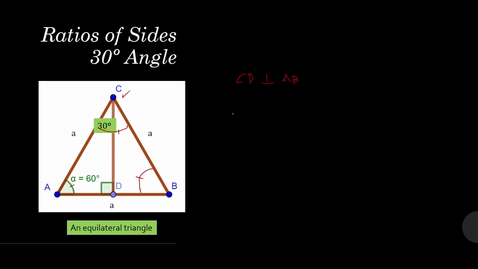And not only that, it is a perpendicular bisector of the line AB. And so, the length of AD is 1/2 of A. The length of DB is 1/2 of A. Now we have a right triangle that contains a 30-degree angle.